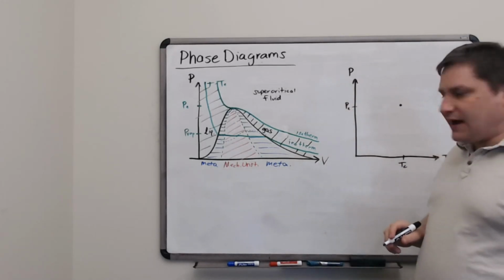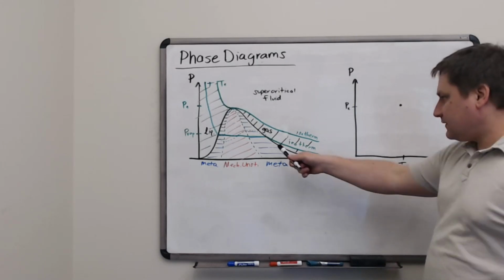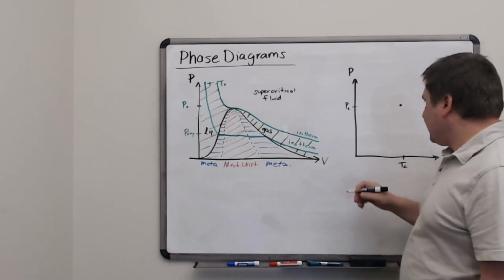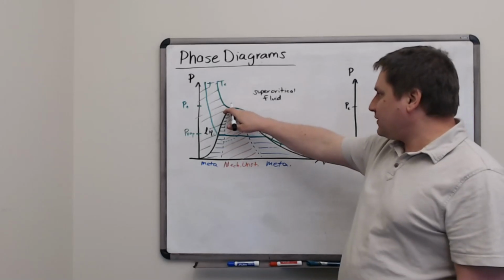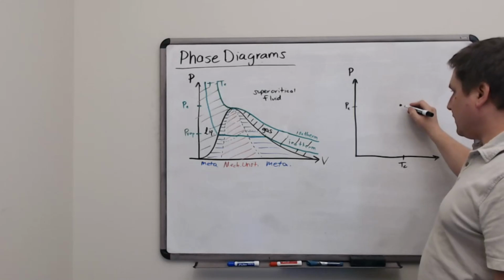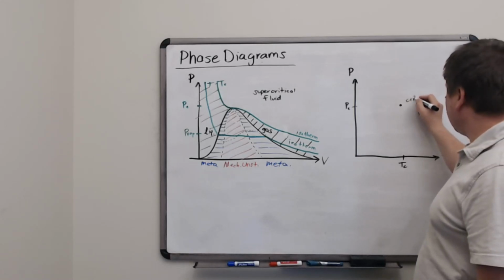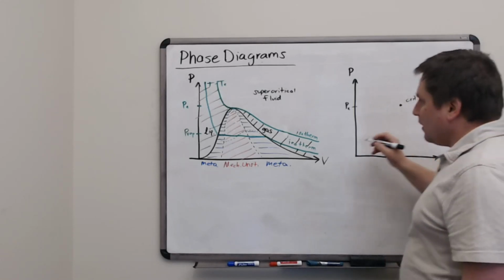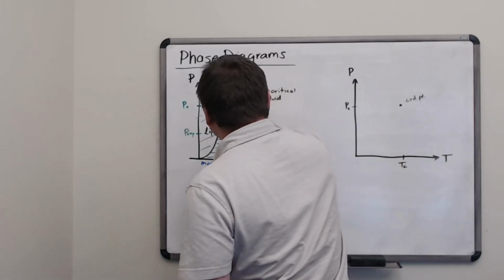And what this phase diagram looks like is a little bit different from this. So let's think about it. At the critical pressure and the critical temperature, we have the critical point right there. So that's a point that appears on both phase diagrams.